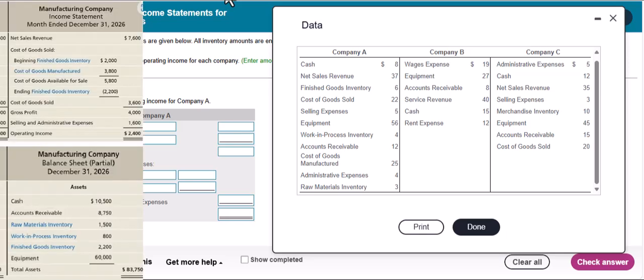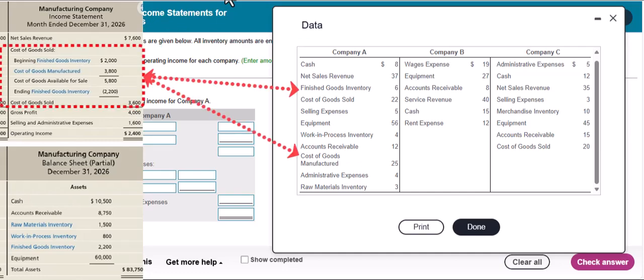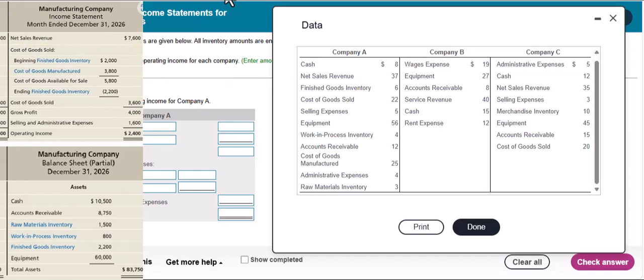So this means we're going to go back to our slide here and look at our income statement of a manufacturing company. So for the manufacturing company, we have beginning finished goods inventory, ending finished goods inventory, all used to calculate cost of goods sold. And fortunately for us, we have cost of goods sold given to us already and calculated back on this data table.